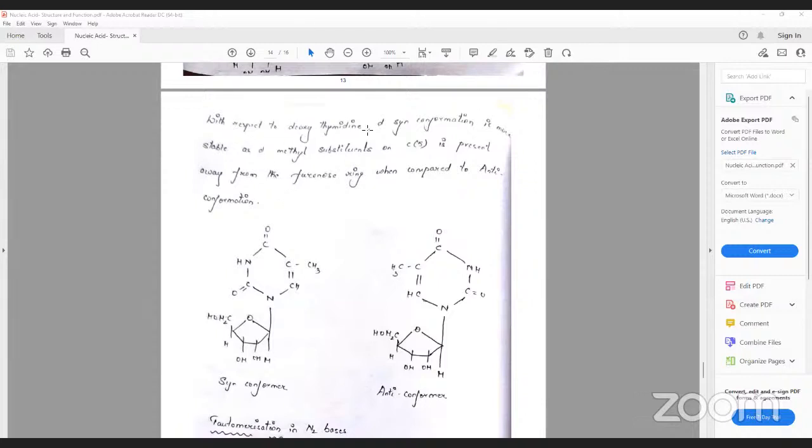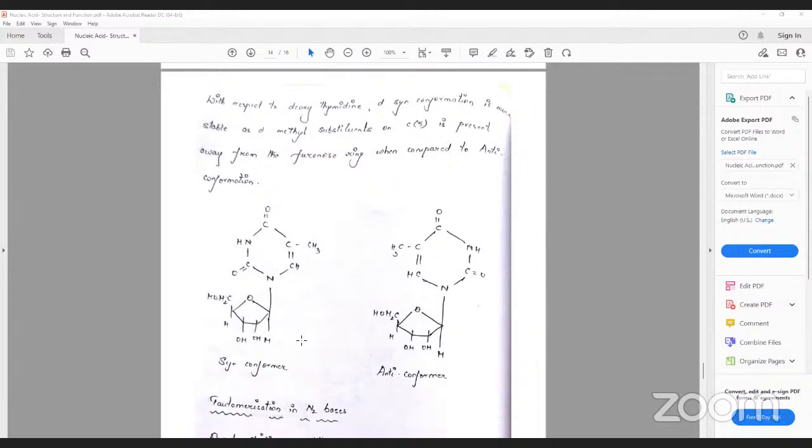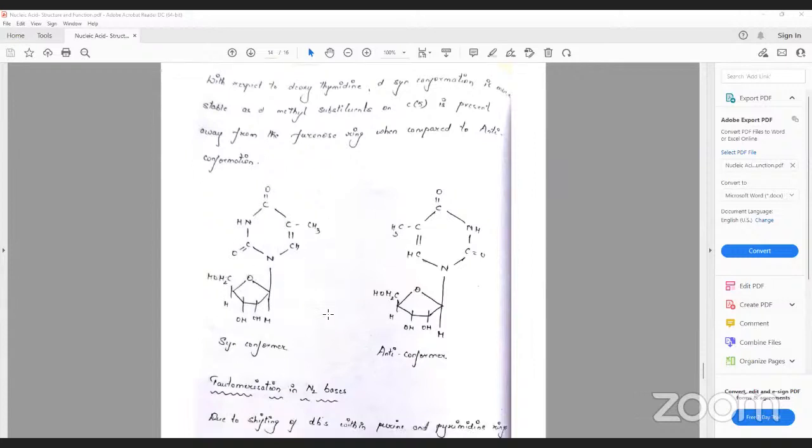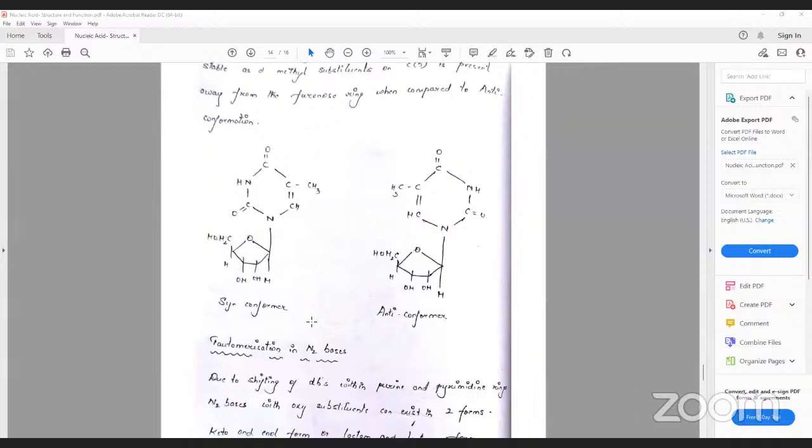With respect to deoxythymine, the syn conformer is more stable as the methyl substituent on C5 is present away from the furanose ring when compared to the anti-conformation, and that will avoid any kind of steric hindrance, which is why the syn is more stable in the case of thymine only.